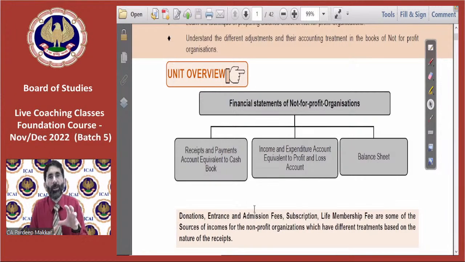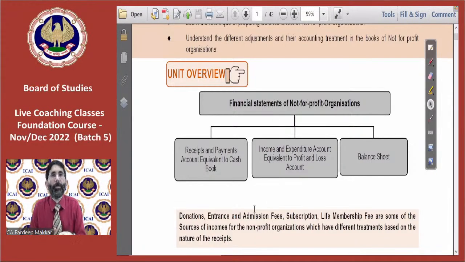In that case, we are not going to prepare final accounts in the way we have discussed, because their working is not trading. Their working is not manufacturing, but they have to prepare final accounts because this is a part and parcel of work. You know it very well. We go for recording, posting, and then summarizing. In that summarizing, we prepare trial balance and then final accounts.